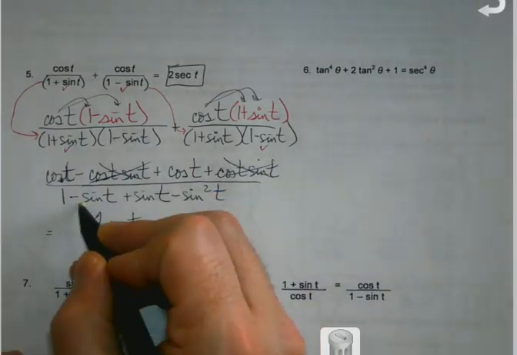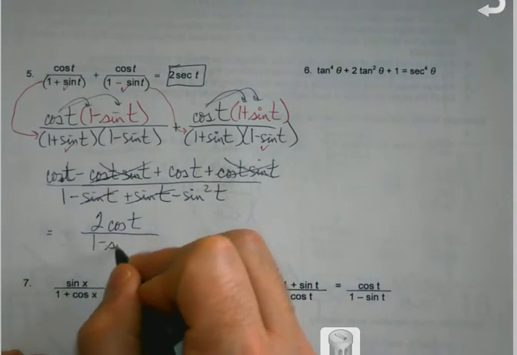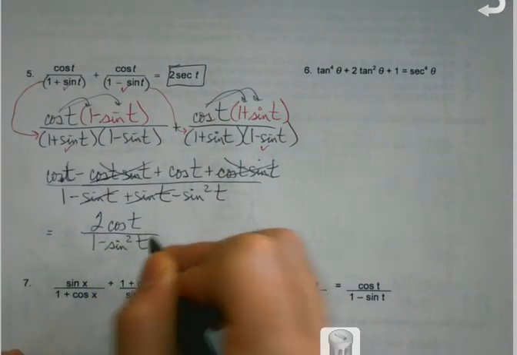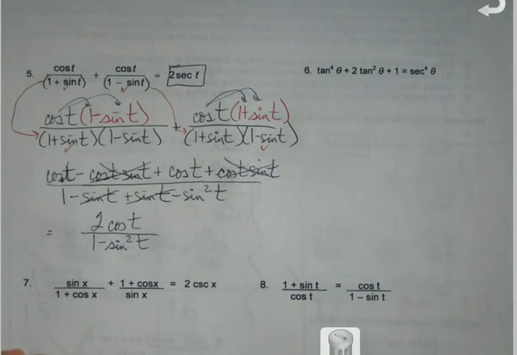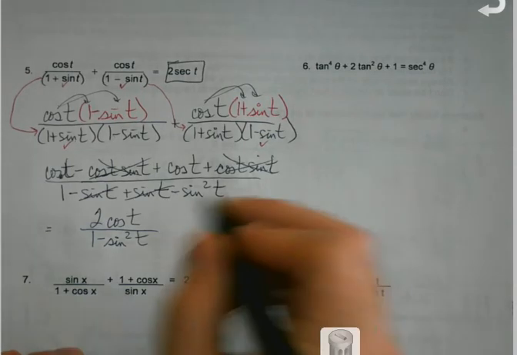My denominator, my plus and minus sine t cancel. Leave me with 1 minus sine squared. Finally making some progress here. We've gotten from 2 fractions down to 1, which is good because I see that's going to be necessary here. What can I do next? In the denominator.